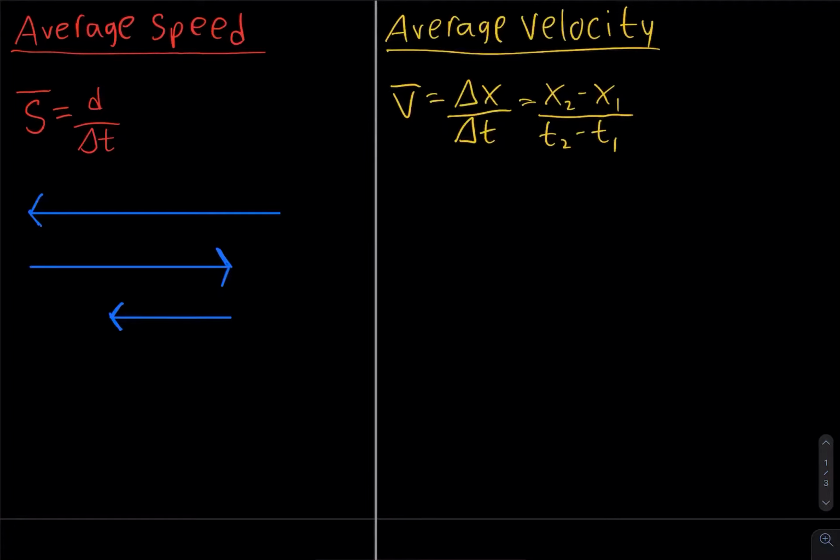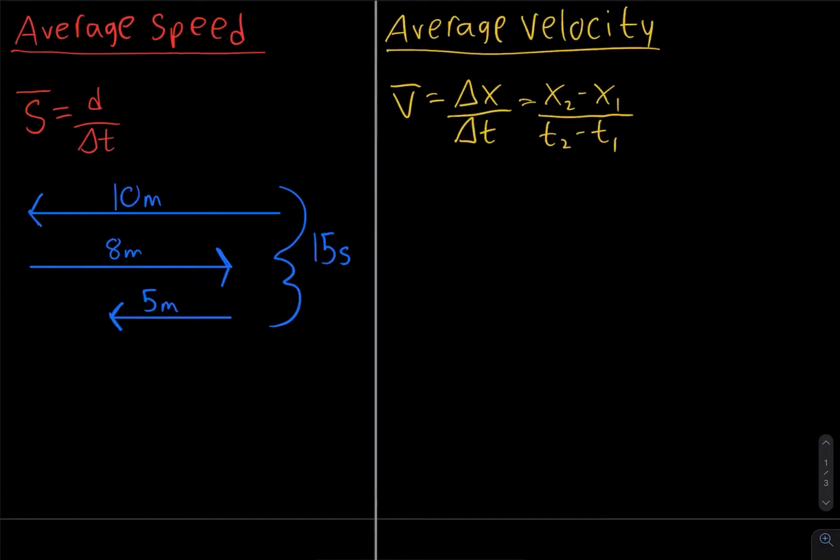So let's see, we'll call this 10 meters, we'll call this other piece 8 meters long, and we'll call the final piece maybe 5 meters. All right, and let's say that all of this took me a total time of, we'll say, 15 seconds. So 15 seconds for all of that.